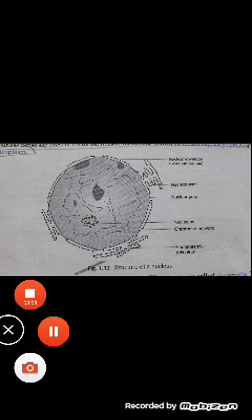Now, inside the nucleoplasm is a tangled mass of thread-like structures called chromatin. This chromatin is formed of an acid called deoxyribonucleic acid, or in short DNA, and protein.